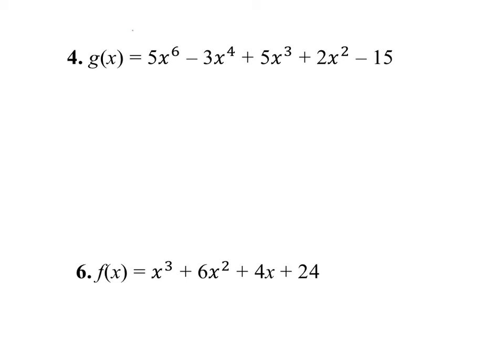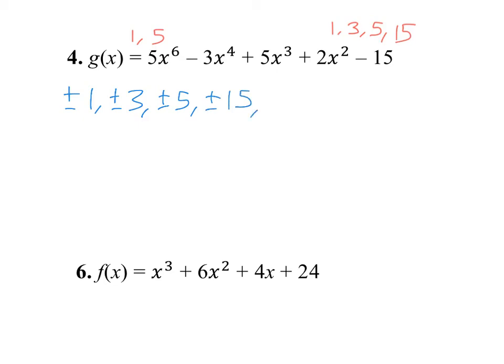Okay, the list on the left will be 1 and 5. The list on the right will be 1, 3, 5, and 15. So we have plus or minus 1, plus or minus 3, plus or minus 5, plus or minus 15.